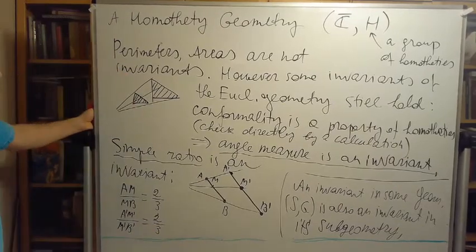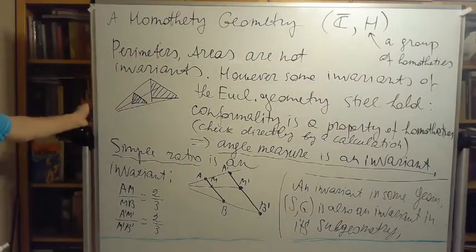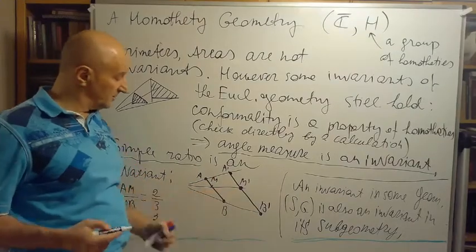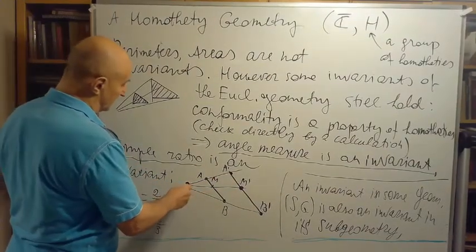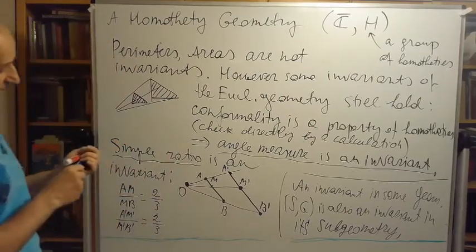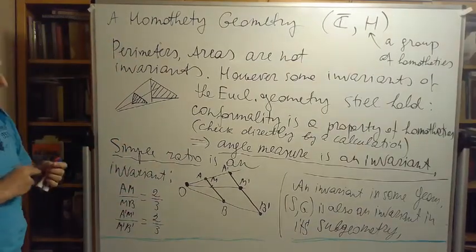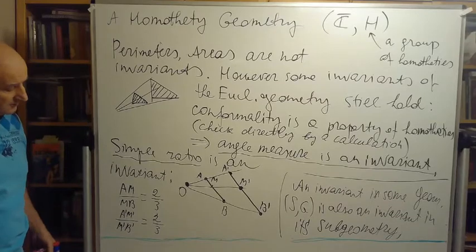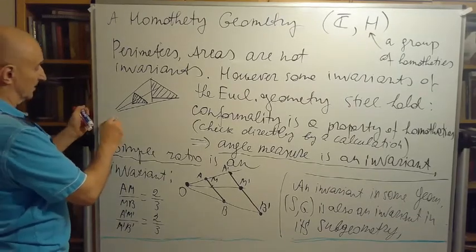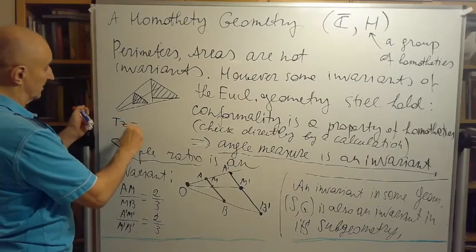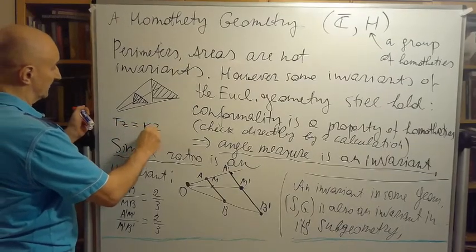You can also check it. You can prove it by means of elementary geometry from the similarity of these triangles. Suppose this is O, the center of homothety, or some other point. You can prove it from the similarity of the triangles, or by applying the homothety transformation, w equals kz.